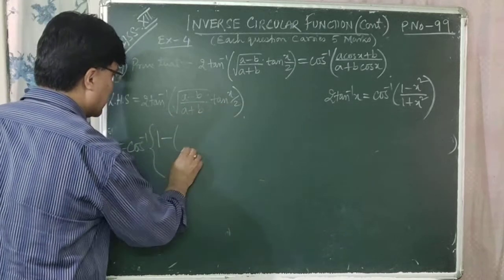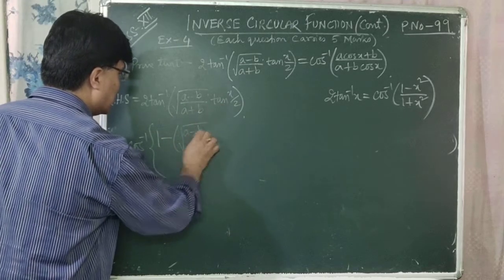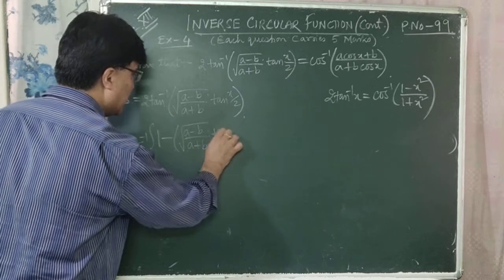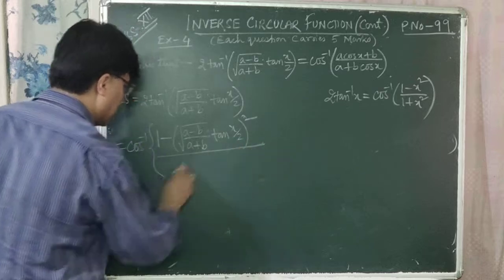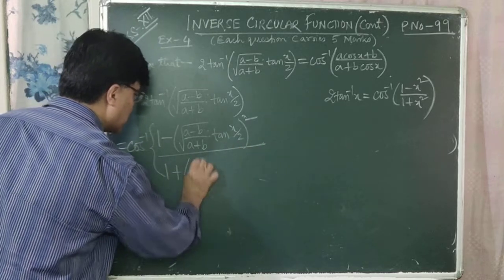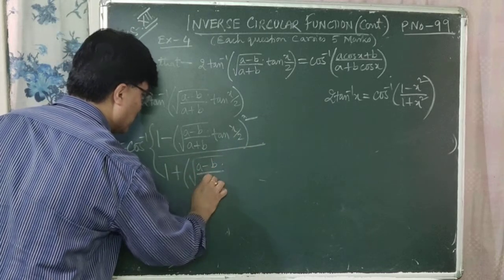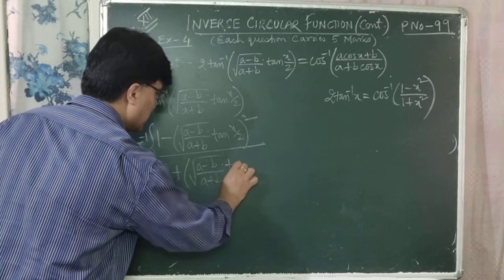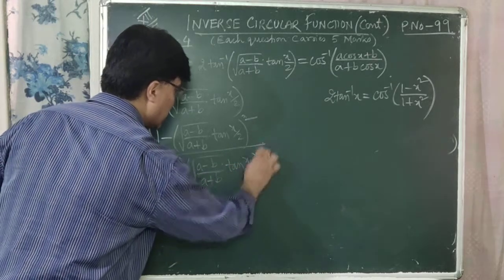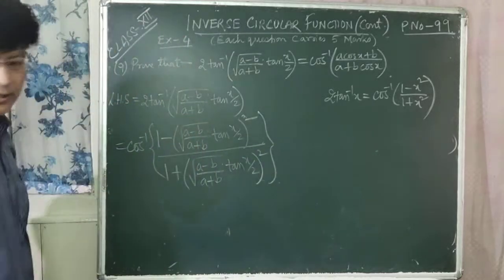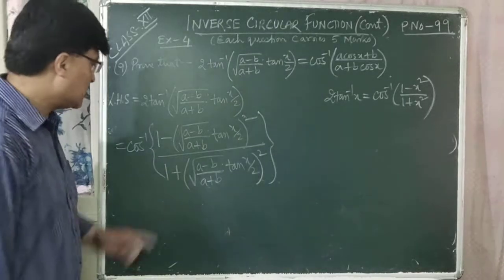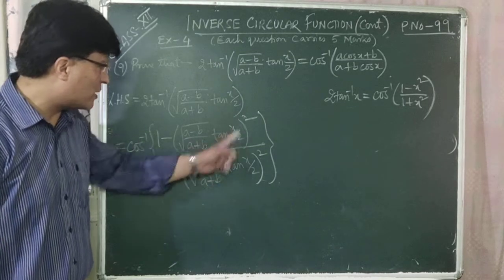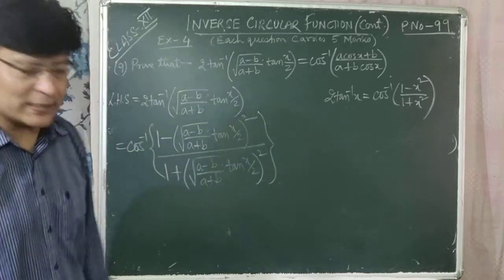This whole square, that is root over (a minus b) upon (a plus b), this is tan x by 2, whole square. That is your x square, divided by 1 plus (a minus b) upon (a plus b), then tan x by 2 whole square. So this is the expression. Is that clear now? So this is cos inverse (1 minus x square) upon (1 plus x square), right?